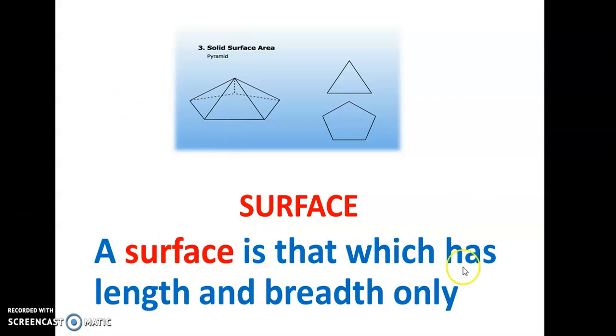A surface is that which has length and breadth only. Here is the solid, a pyramid, isn't it? It has 1, 2, 3, 4, 5, 6 surfaces, and the surfaces are in the shape of a triangle and pentagon. So a surface is that which has length and breadth only.